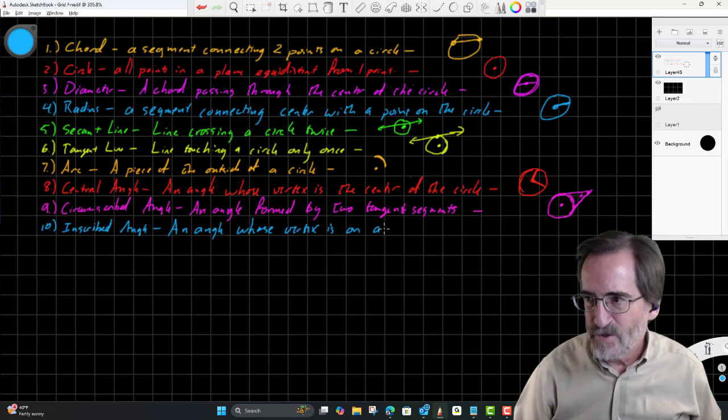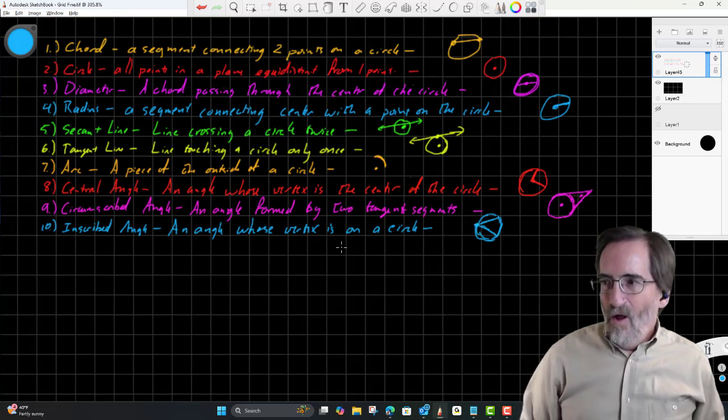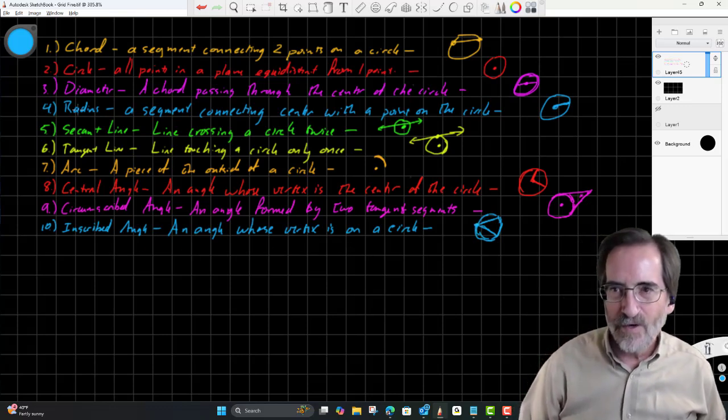That's on the edge. So here's our circle. Its vertex is on the circle. Inscribed angle.